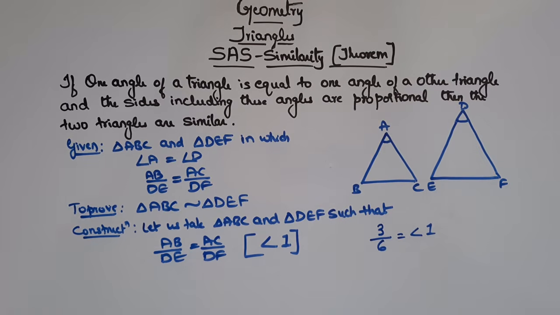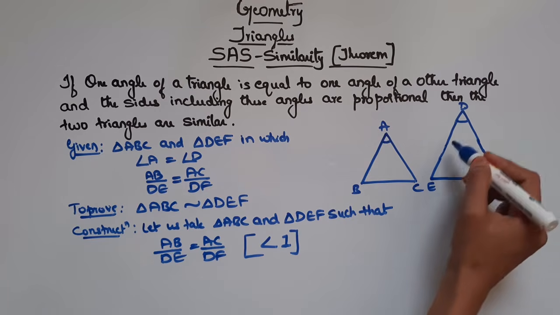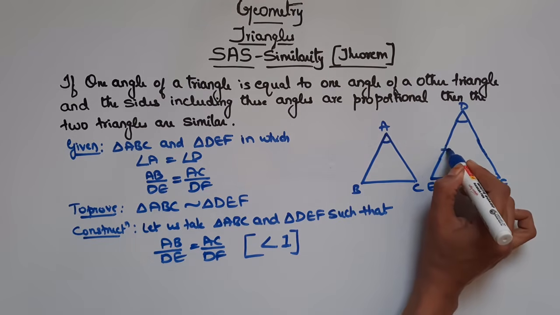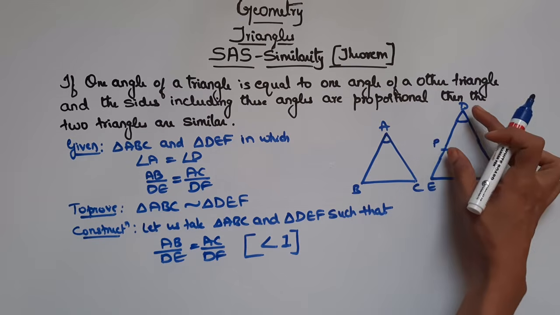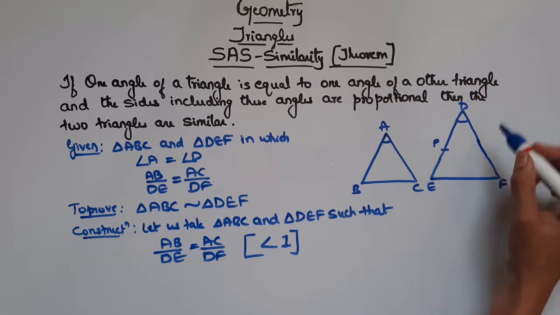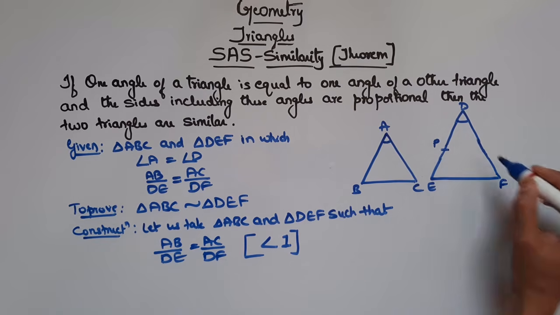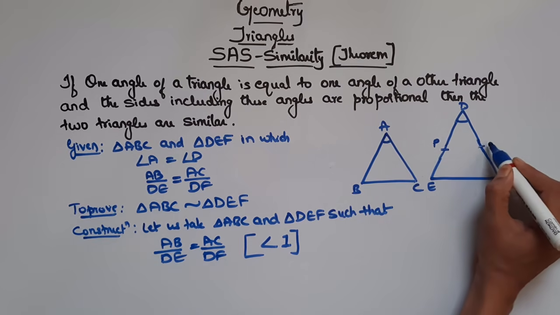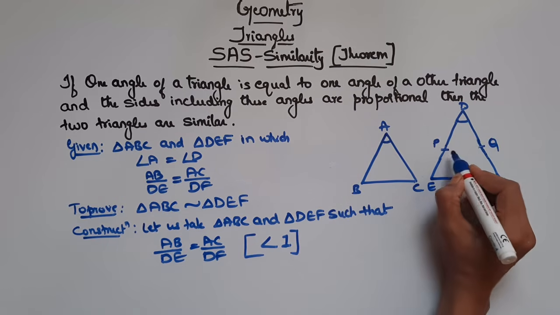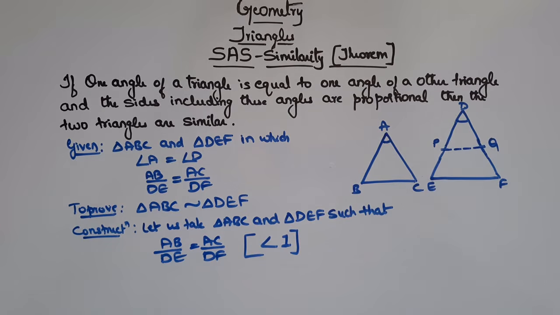Let me erase this. And also let's cut a point P on DE such that DP is equal to AB, and let's cut point Q on DF such that DQ is equal to AC. Join P and Q. So what did we do?